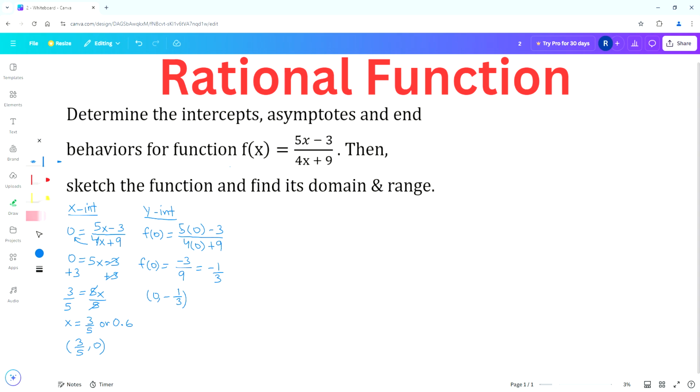Next, we can find the horizontal asymptote. In this rational function, the degree of the numerator is 1 because of the x term. The degree of the denominator is also 1 because of the x term in the denominator. The equation of the horizontal asymptote will be equal to the ratio of the coefficients of the x terms.